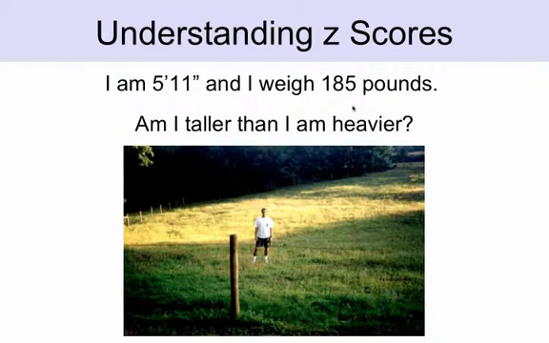Let's consider yet another example. I happen to be about 5'11" and I weigh about 185 pounds. So a question I might want to ask myself is, am I taller than I am heavier? Well, that's kind of a weird question. It seems a little bit ridiculous, maybe even somewhat nonsensical, but as it turns out, that actually is a question I can answer. So there I am, by the way, as you can clearly see, outstanding in my field.